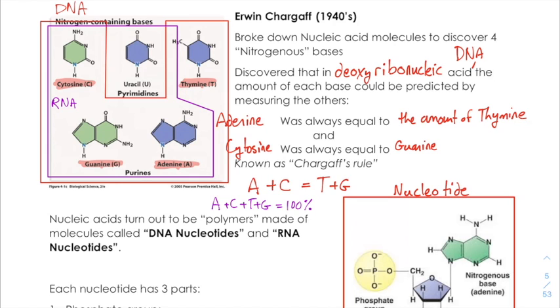Those 4 chemicals come from 2 different groups of organic compounds: the pyrimidines, which are the smaller chemicals, and the purines. These are both nitrogenous bases.